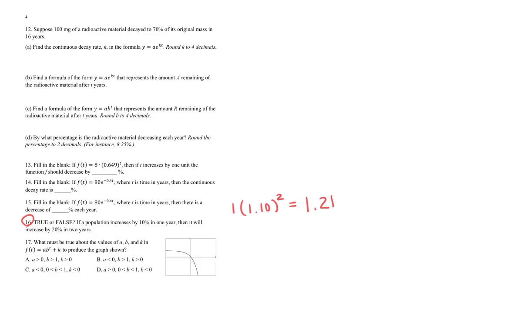Maybe you can already see what the answer will be here. But we'll do 1.21 minus our initial value of 1, all over 1, times 100 to get it as a percent, and that will give us 21%. So no, this is false. It'll actually increase by 21% in 2 years. Okay, great. False.